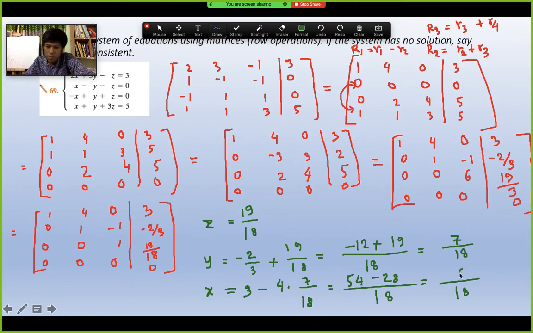So it is 6, and then 2. So 26. So 14 minus 8 equals 6. Carry 1. 1 plus 2 equals 3. 5 minus 3 equals 2. So we have this. And if we divide both numerator and denominator by 2, then we have 13 divided by 9. So these are our solutions.